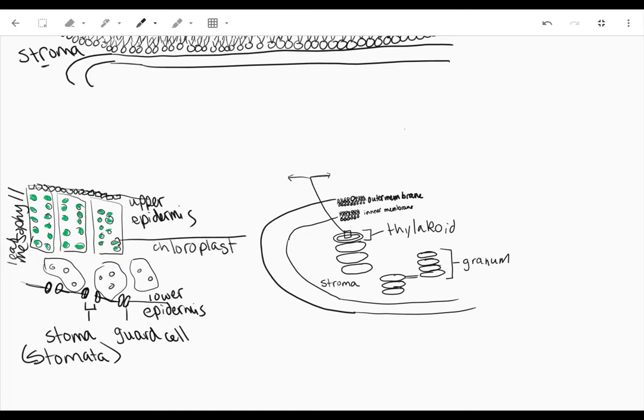We're in the thylakoid membrane, so we just made some oxygen. Oxygen is a small nonpolar gas, so it can diffuse right through that membrane, and we're here in these chloroplasts, and so now that oxygen has diffused out of the membrane, it will wind up in these air spaces, and at that point it can diffuse right out of the open stoma.